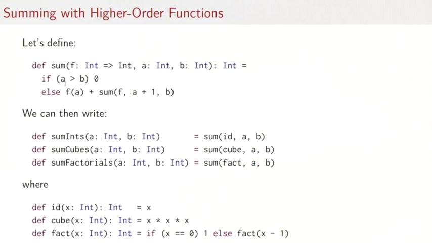And finally, sumFactorials is sum of fact, a, b, where the fact function is again the factorial function. So what we've done effectively is reuse the pattern that defines the sum function, so that we had to write that only once, and we could reuse it in the three definitions of the particular sums.